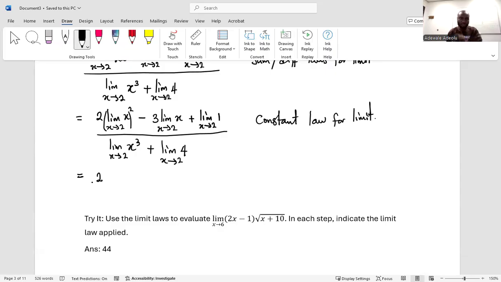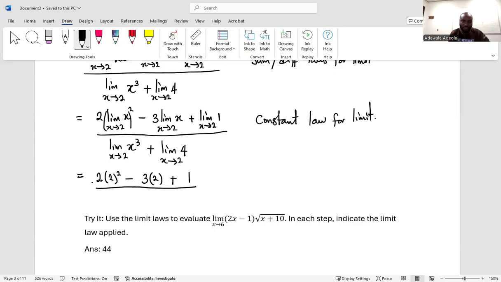As x goes to 2, recall that it's going to be 2. Minus. Now, in this case as well, limit of x as x goes to 2. x is a linear function, so the limit of x as x goes to 2 is going to be 2 from the basic limit law. Plus, this is the limit of a constant function, 1. So as x goes to 2, our answer is 1.